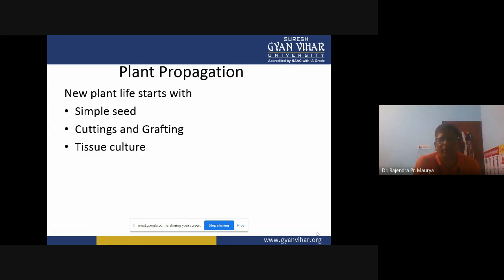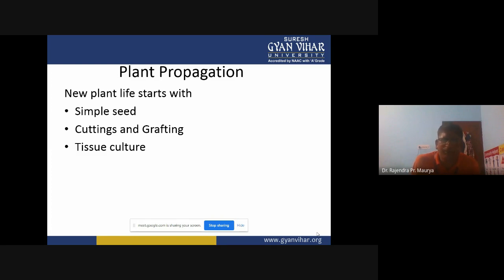In 1902 Haberlandt gave the totipotency theory, because Haberlandt is also known as the father of plant tissue culture. Totipotency theory means a single cell has the ability to develop into a whole plant.